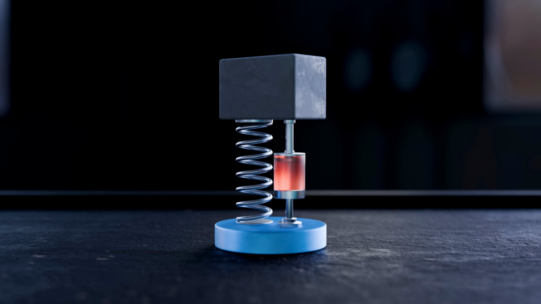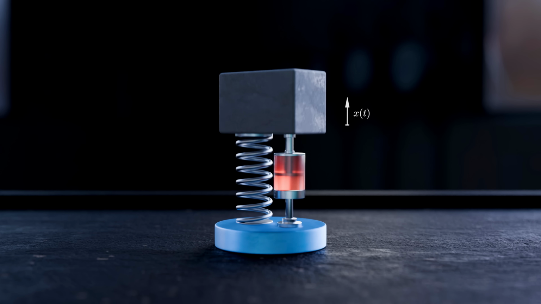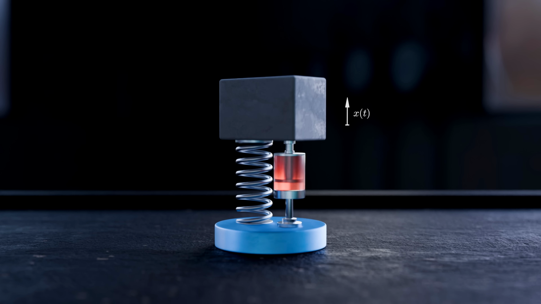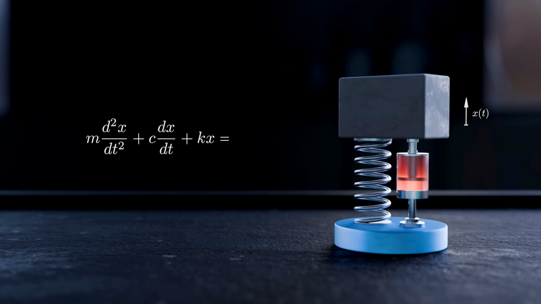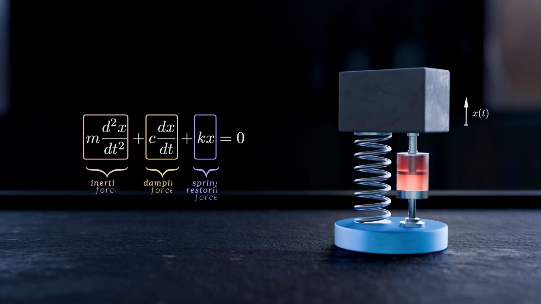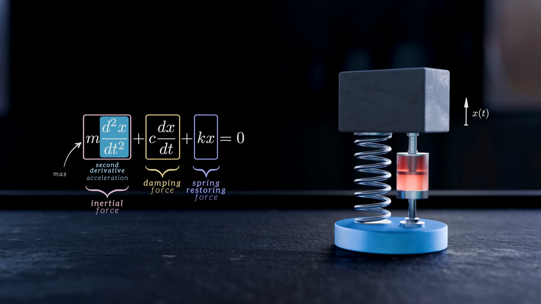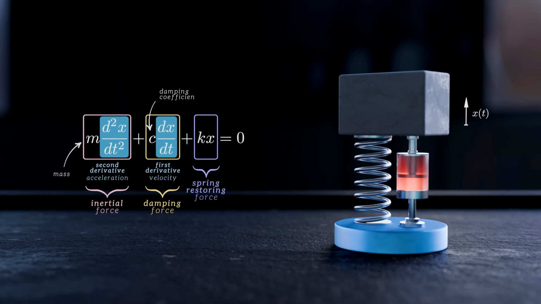The vertical position of the mass x with respect to time depends on the forces acting on the mass, and the balance of these forces is governed by a differential equation. Each term in the equation corresponds to a physical effect. The inertial force is proportional to acceleration. The damping force is proportional to velocity, and the spring restoring force is proportional to position.